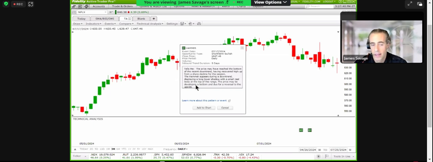The price may be developing a bottom and due for a reversal to the upside. And yes, classically, the hammer is something that you would see appearing on a downward trend, and it's going to signal that bullish reversal, very similar to the dragonfly doji. It's going to have that somewhat similar kind of use case for it. In this case, kind of interesting, right?